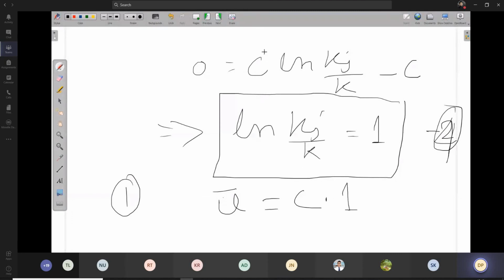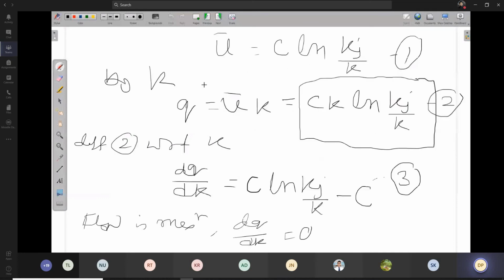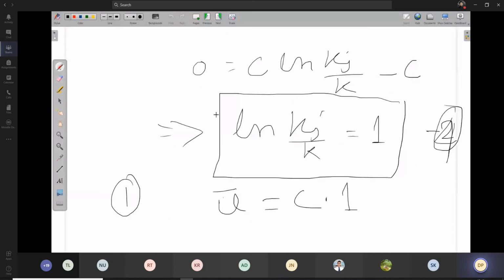See the conditions here. Flow is maximum. Whenever the flow is maximum, what will be the speed? If you recall earlier, whenever the flow is maximum, speed will be something u0 and k will be something k0, different from the average stream speed we are talking about.